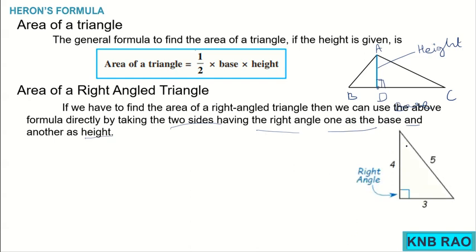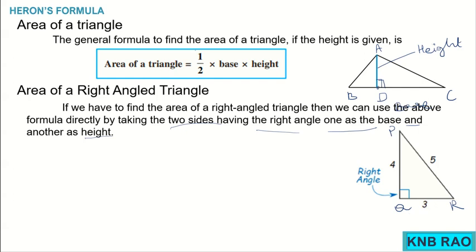I have here, let us say, right angle triangle PQR, where PQ is perpendicular to QR. That means I can take either PQ or QR as the base and the other becomes the corresponding height.